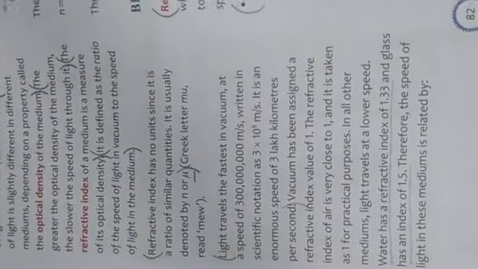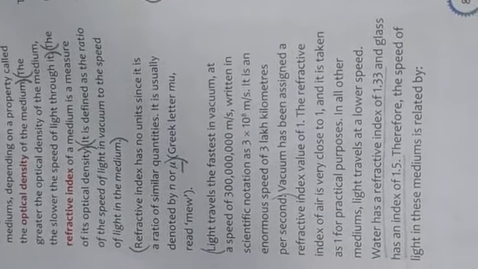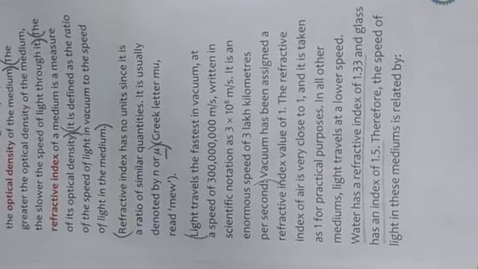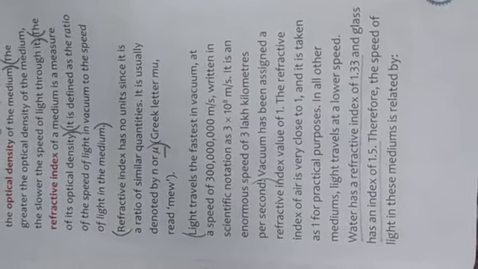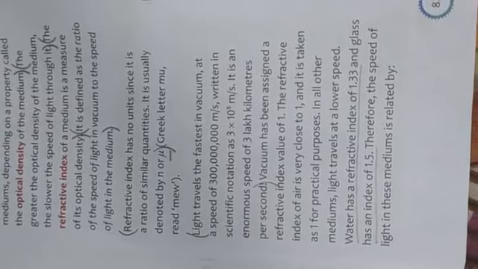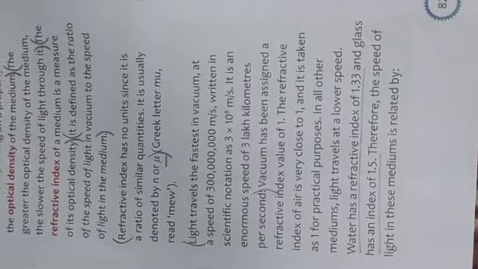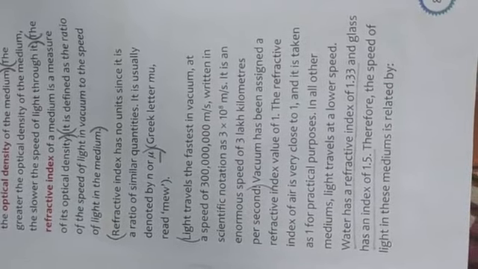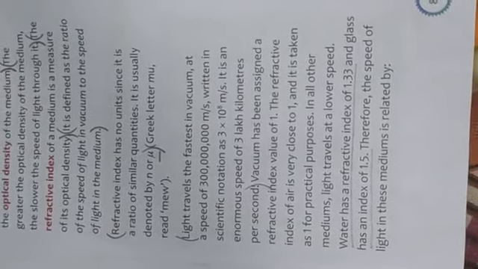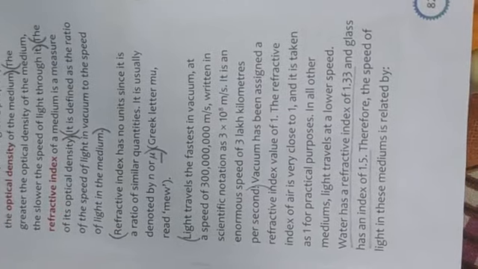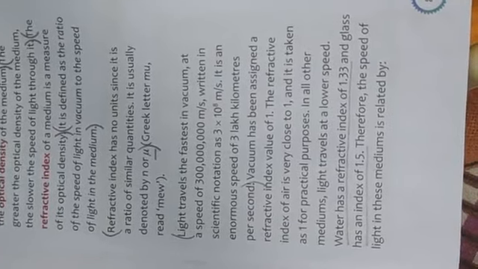You must keep in mind that light travels fastest in the rarer medium, in vacuum, at 3 into 10 power 8 meters per second, which is a high speed of 3 lakh kilometers per second. So vacuum can be assigned a refractive index value of 1. The refractive index of air is very close to 1, and it is taken as 1 for practical purposes.